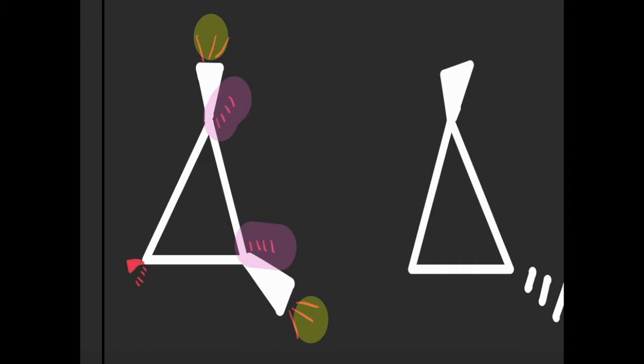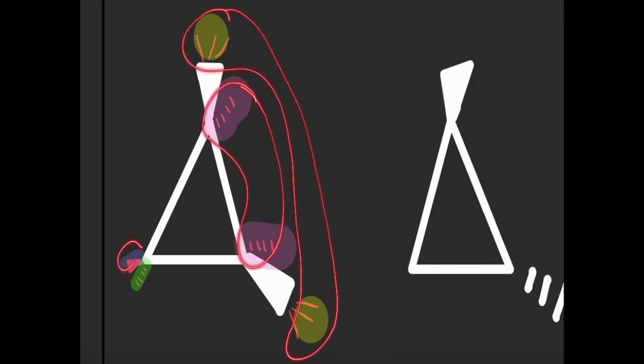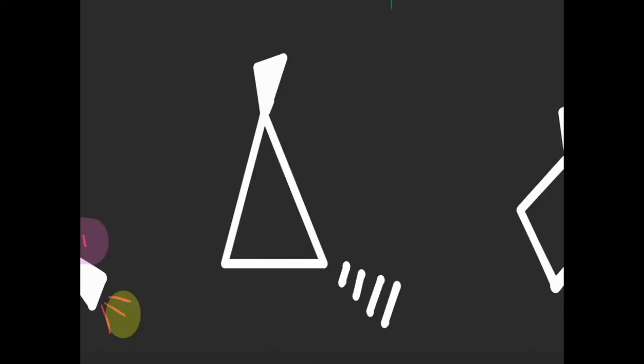Therefore, it's going to be a different environment, which means it's a different signal. So we have one signal here and one signal here. So we have 1, 2, 3, 4 signals.